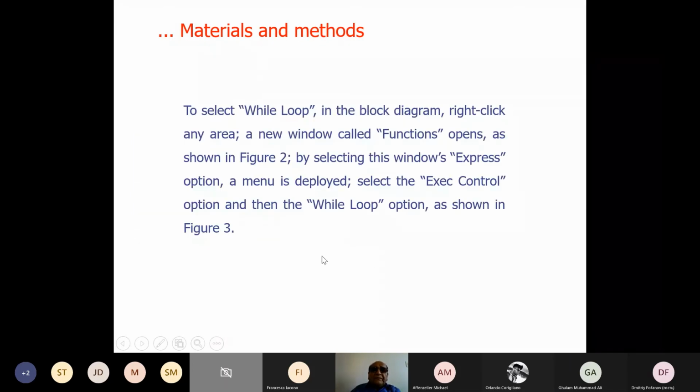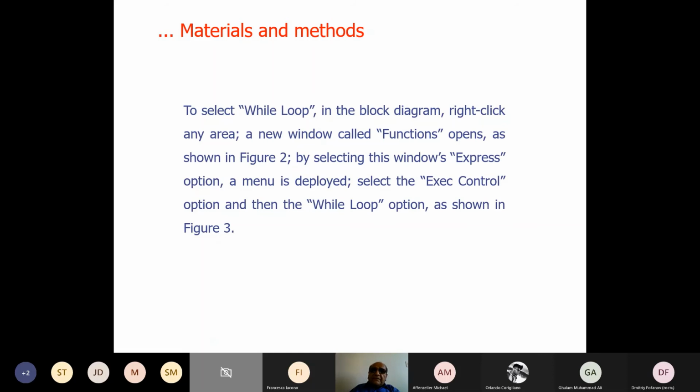To select the while loop in the block diagram, right-click and a new window called Functions opens, as shown in Figure 2. By selecting the Express option in this window, a menu appears below.